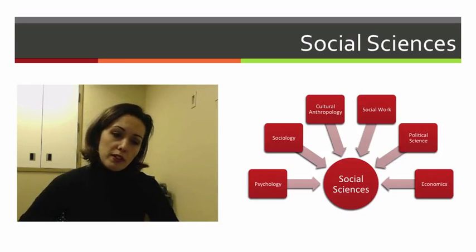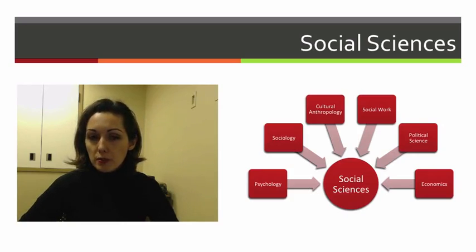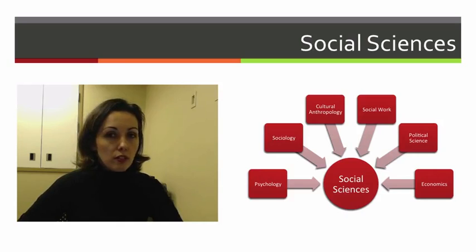And the research methods and writing in social sciences are sometimes similar to humanities for some specific disciplines, and sometimes they're closer to natural sciences. So for example, cultural anthropologists are interested in people in groups and cultures and looking at their cultures.